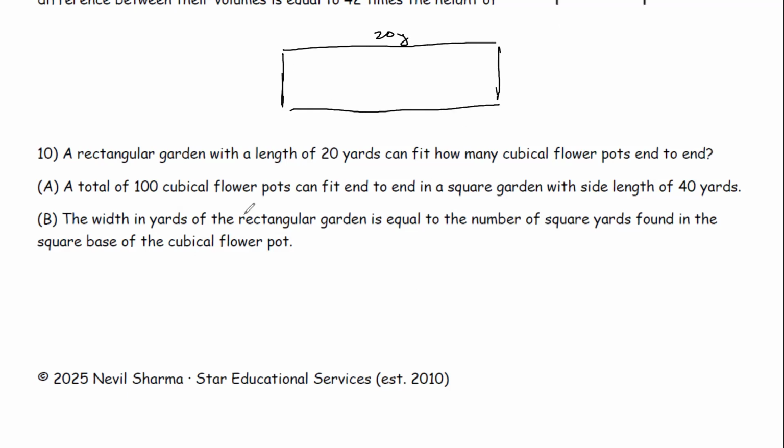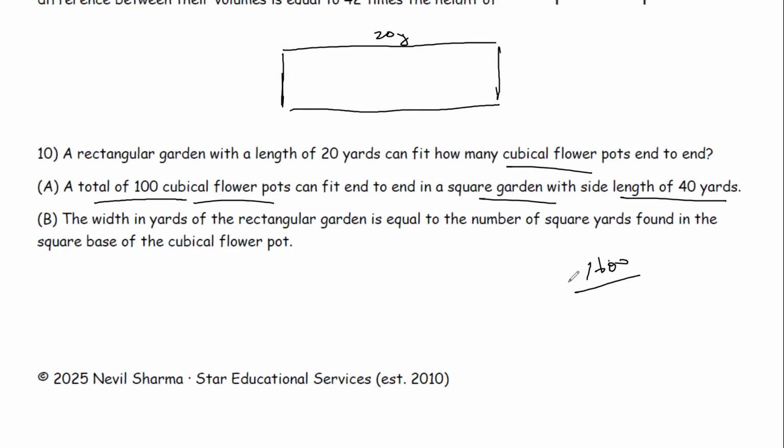Okay. First statement, a total of 100 cubical flower pots can fit end to end in a square garden with side length of 40 yards. So obviously we're talking about the same cubical flower pots out here, as discussed in the main question. So the side length 40 yards, its base area is 40 by 40, 1600 square yards.